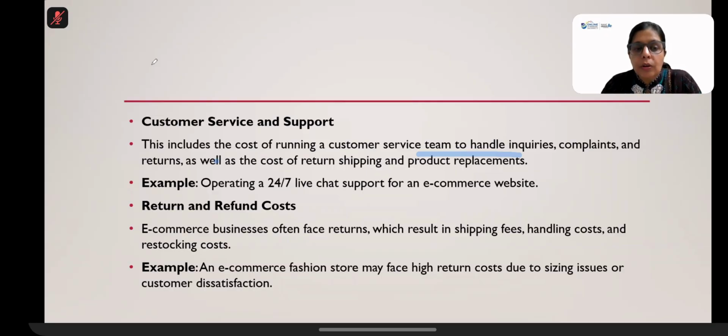So in order to fill this missing gap, these online portals, e-commerce businesses, when they operate on a very large scale, nationwide, many a time they have to keep a 24 by 7 active customer service center. So example, 24 by 7 live chat support for an e-commerce website. So it can be a live chat support, someone from the other end is chatting with you and solving your queries, or someone attending your calls and answering your queries.